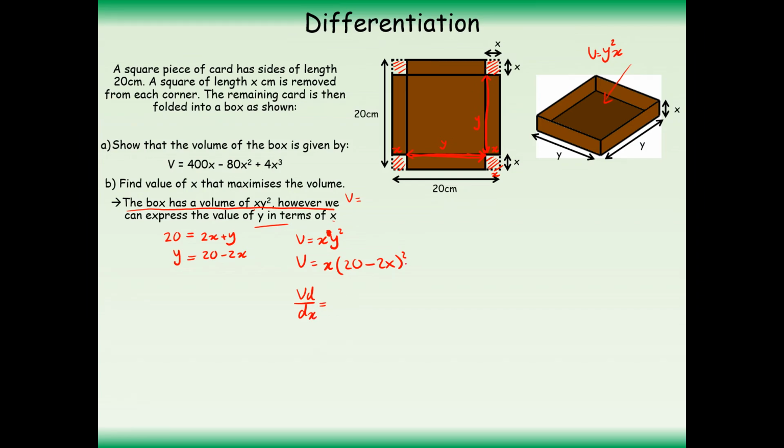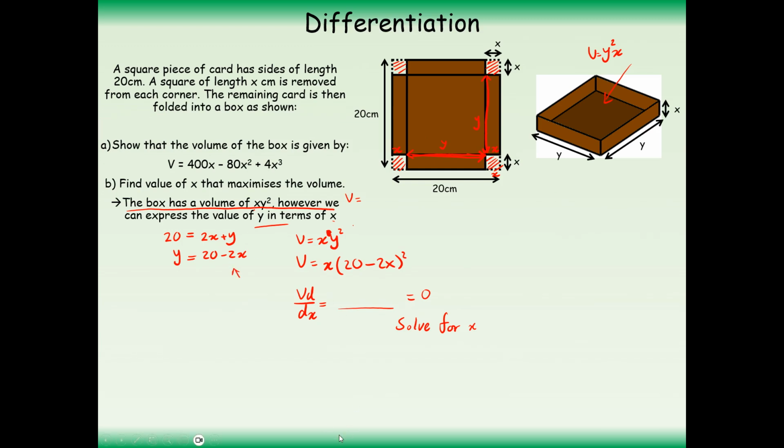Once you've done that, you're going to set it equal to 0 and solve for x. So the general pattern is always the same. Solve for the remaining variable that's left in the function. Solve for x, and then you substitute it back to find the volume and also find the value of each dimension.